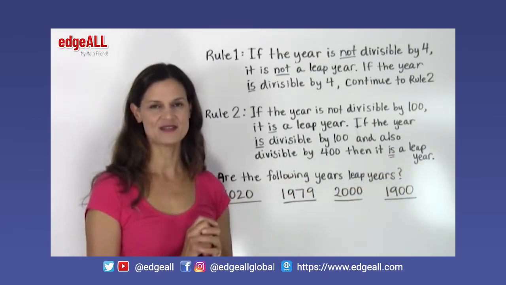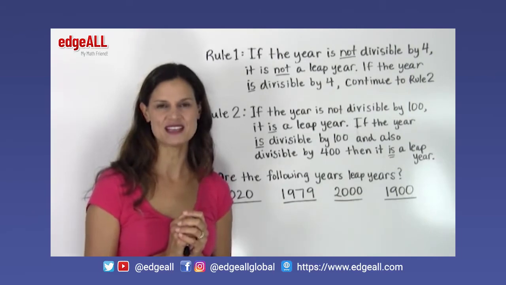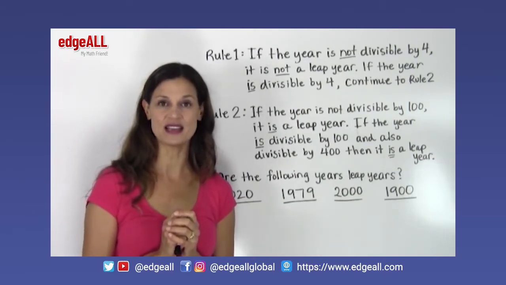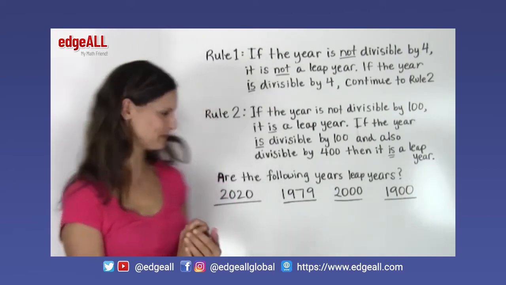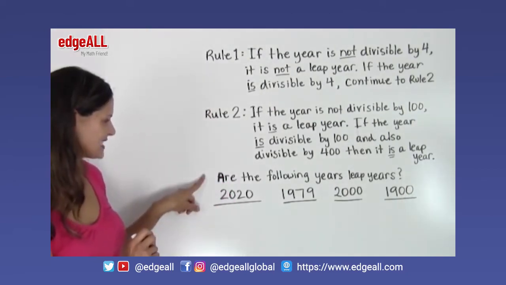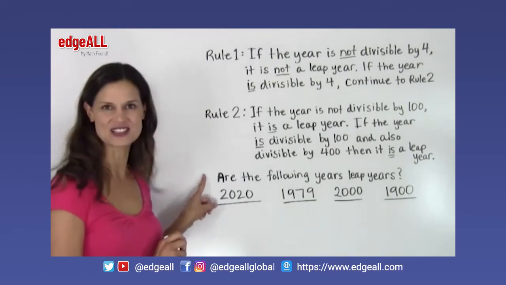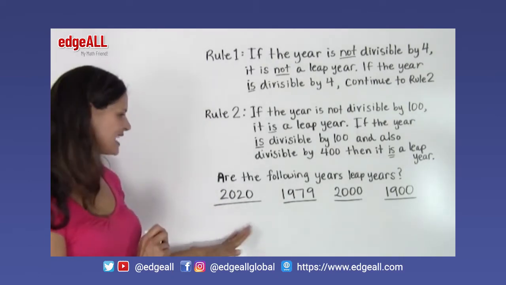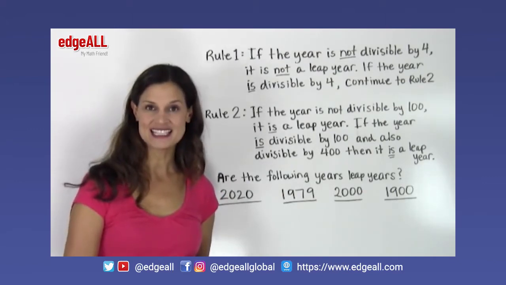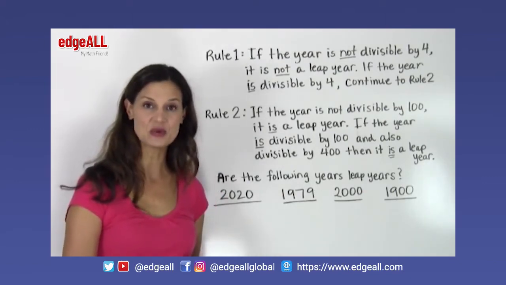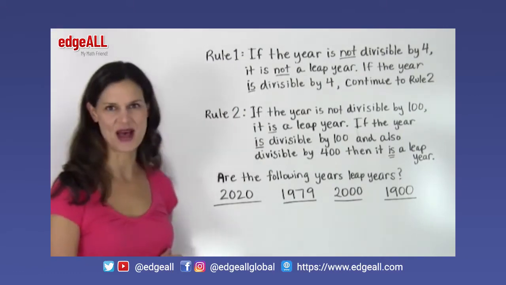This sounds kind of complicated, but let's look at a few examples of how we could go about calculating whether or not a year is a leap year. So let's look here where it asks us, are the following years leap years? Let's take a look at these 4 given years and see whether or not they're leap years, using the rules that we just discussed above.